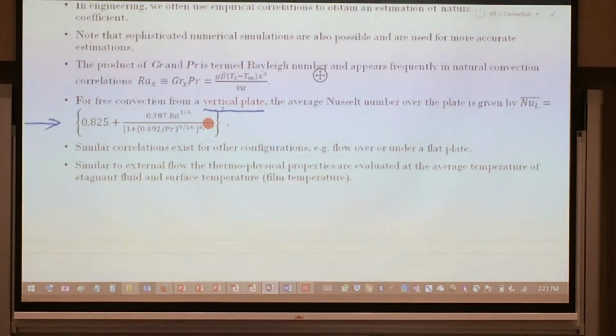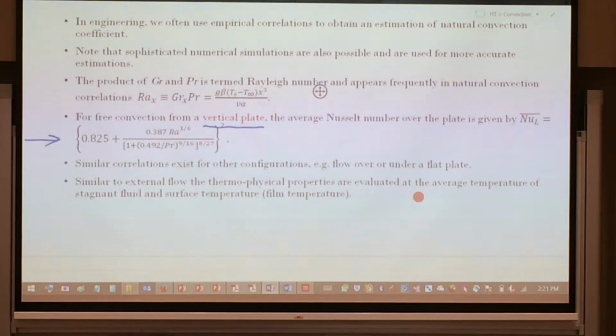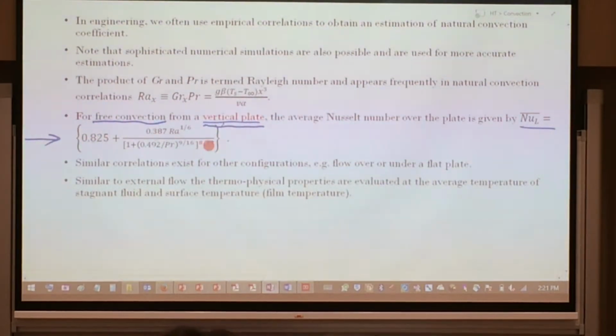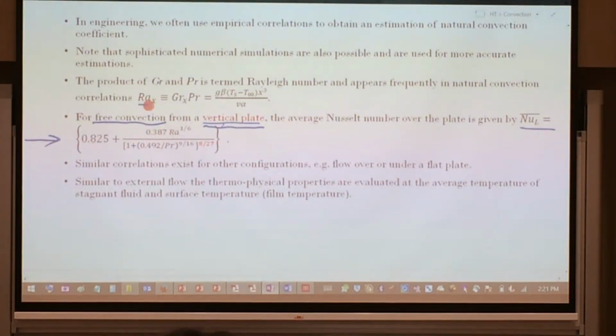There's also another thing that I want to mention. Now this is an expression of Nusselt number for free convection and for a vertical plate. And in order to decide are we going to use this expression or not, there's this new term that you could see, there's Ra, that is Rayleigh number. Another dimensionless number, Rayleigh number. Rayleigh number is Grashof number multiplied by Prandtl number.